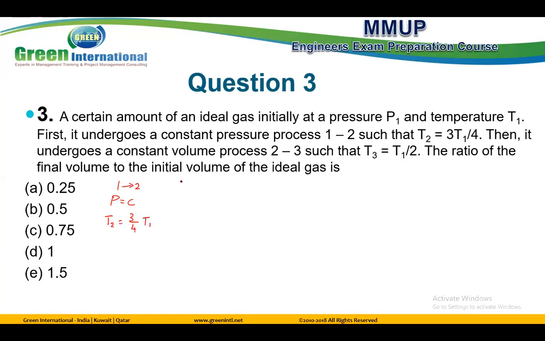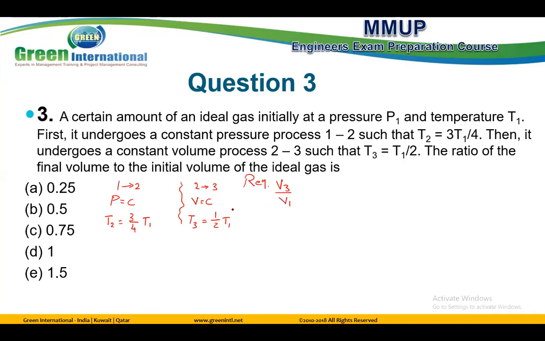Then it undergoes constant volume between 2 and 3, V constant, and the relation is T3 equals half T1. Correct? Yes. So we need the ratio between the final volume and the initial volume.